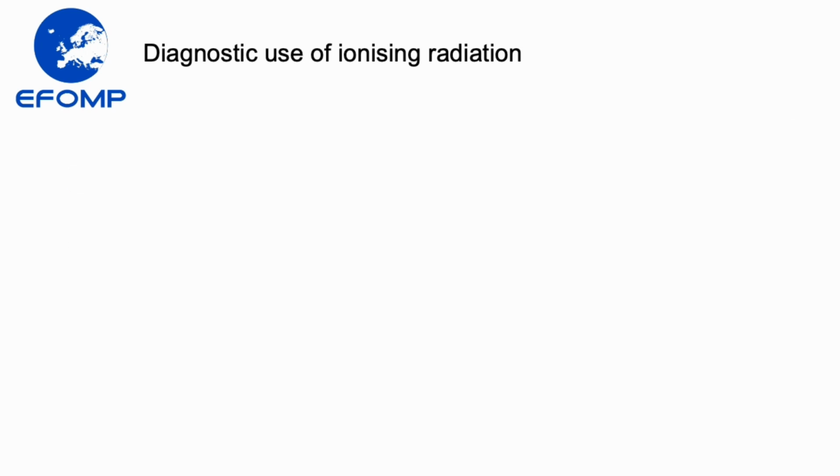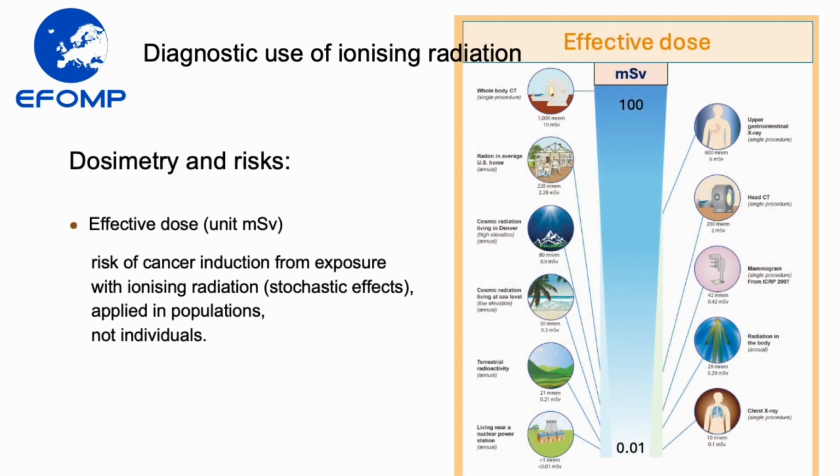And we do that to calculate the effective dose, where we convert from absorbed doses via weighting factors for radiation quality, and then also risks of different tissues of developing cancer. So effective dose is only used to estimate risks in populations and not for individuals. And we use the unit millisievert for that.